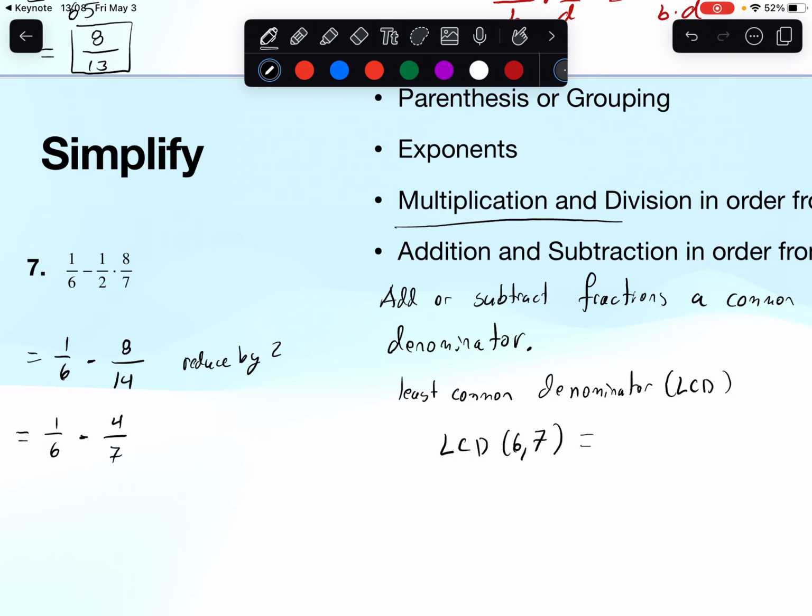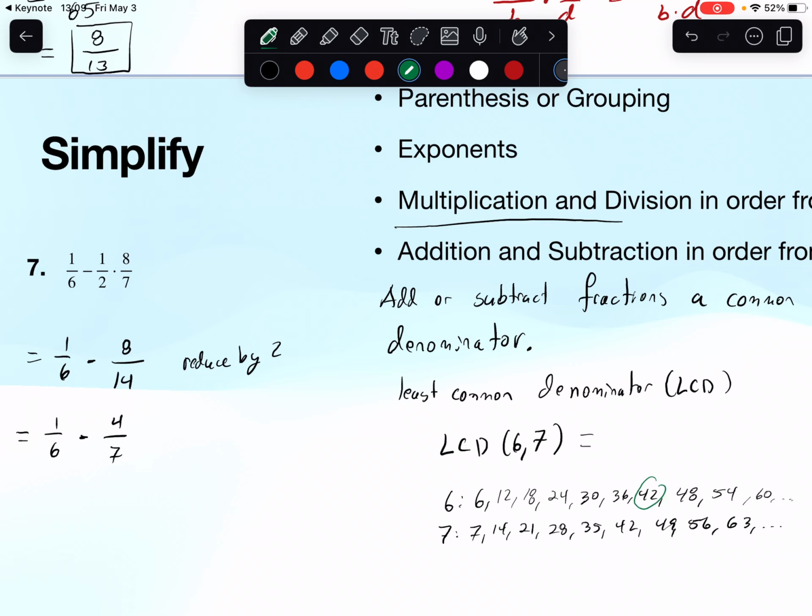And, one way we can do this is just list out multiples of 6. 6, 12, 18, 24, 30, 36, 42, 48, 54, 60, etc. And multiples of 7, 7, 14, 21, 28, 35, 42, 49, 56, 63, etc. And so you see you have the common multiple there, 42, and that happens to be the least.